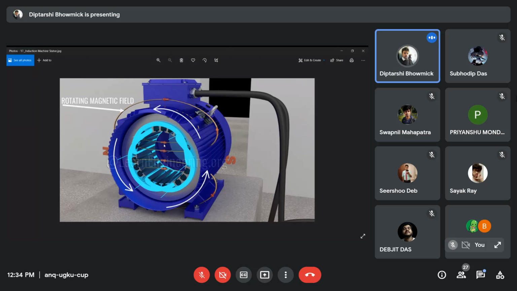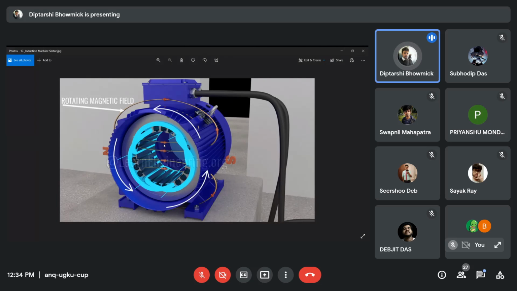And that works on the principle of a transformer, because whenever there is a rotating magnetic field and the rotor is placed inside that rotating magnetic field, then of course there is flux cutting, because the field is rotating. As the flux cutting is there, EMF will be induced in the rotor, and current will flow through the rotor windings.